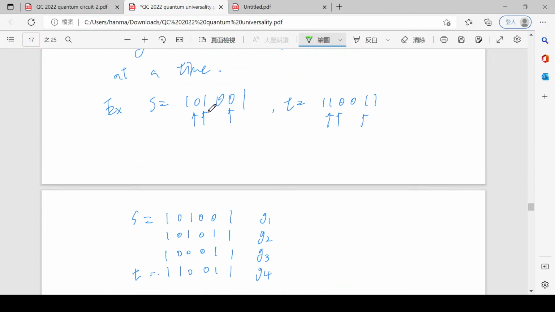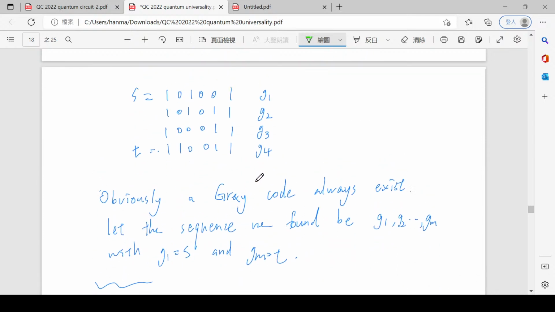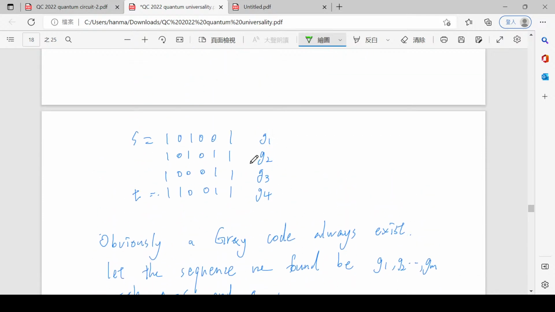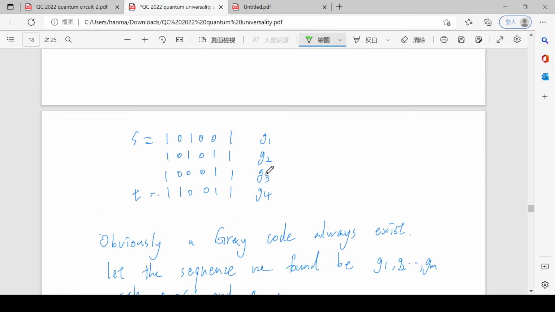So you just look up in how many locations those two strings are different, and you set up a sequence such that you change the difference one by one. Going back and forth on those sequences requires a whole bunch of multi-control NOT. So you want to swap between G1 and G2, say.